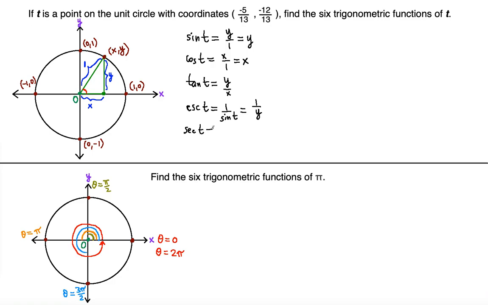Secant of t is the reciprocal of the cosine, so 1 over cosine of t, which is essentially 1 over x. And finally, the cotangent of t is going to be the reciprocal of the tangent, so 1 divided by the tangent of t, which is essentially flipping this fraction upside down. So it's going to be x over y.